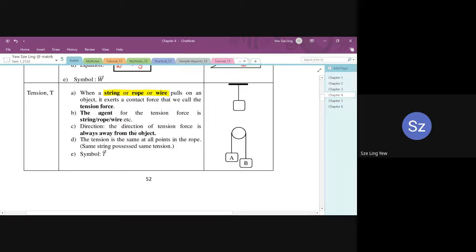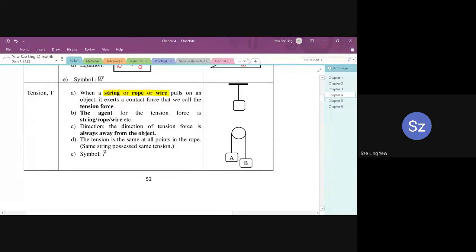The direction of the tension is always away from the object. Actually, to be more precise, tension acts in both directions. Just that when we sketch the free body diagram, we draw it away from the object.